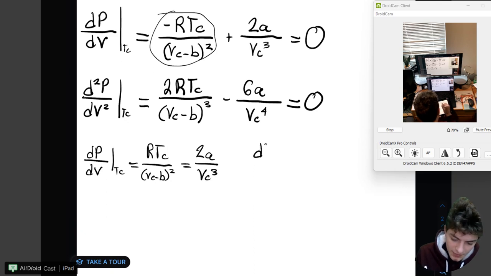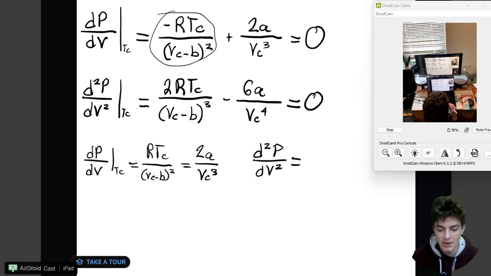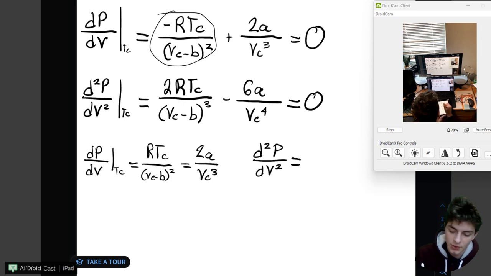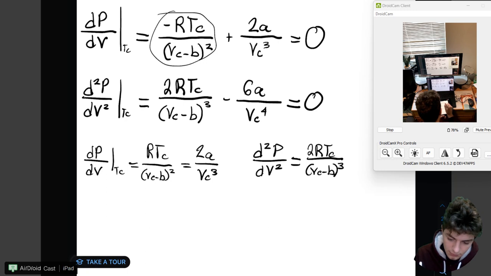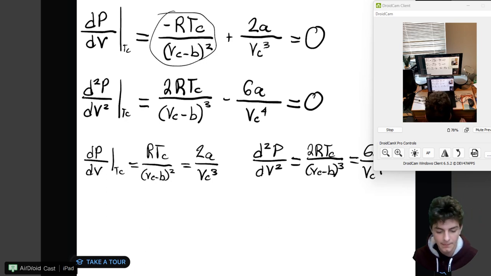And for our second derivative, we will do something similar, this time moving the 6A over our volume to the 4th power to the other side. There we go.